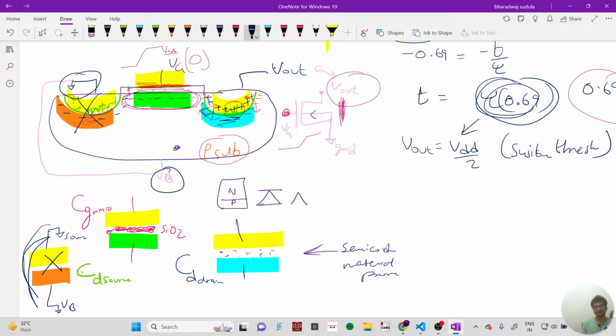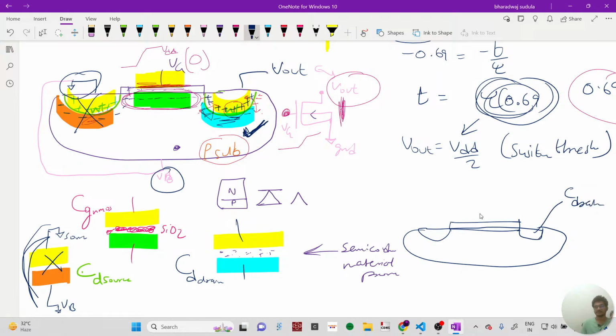Okay, so this will be ignored and we only consider the drain diffusion, right? So we'll consider it as the drain capacitance. So what do we have? We have this drain cap and this gate cap.